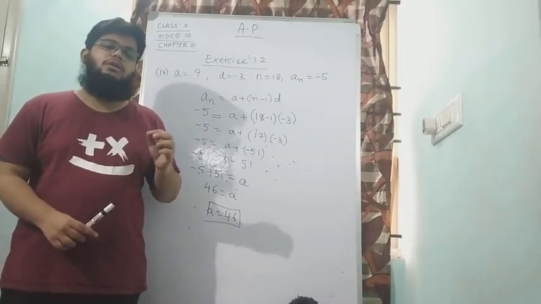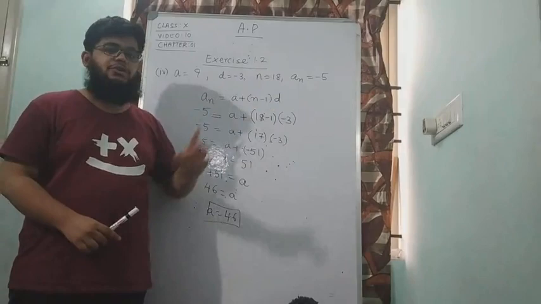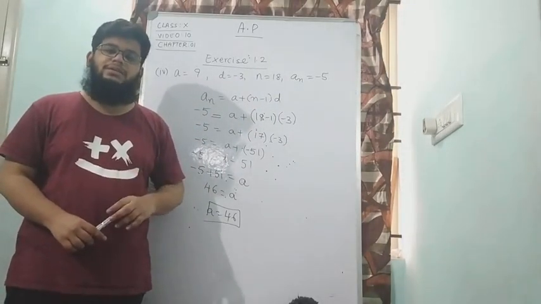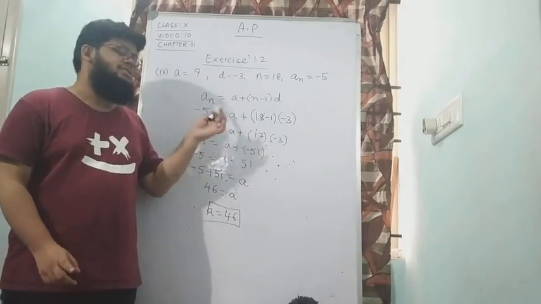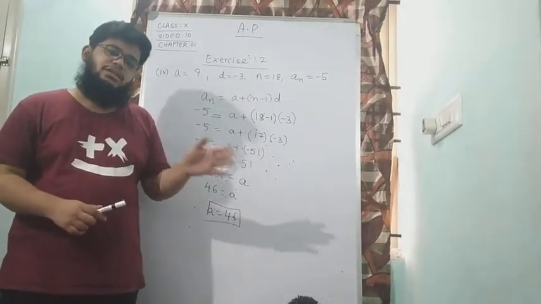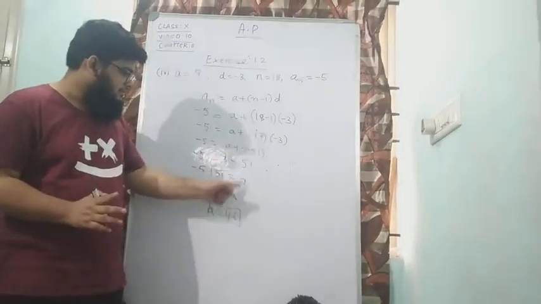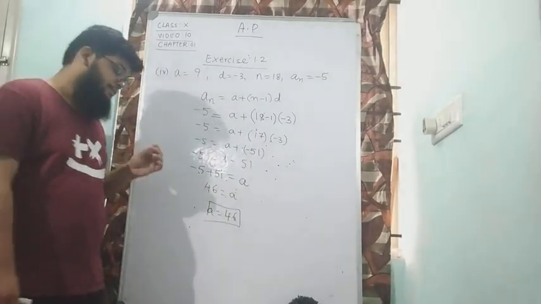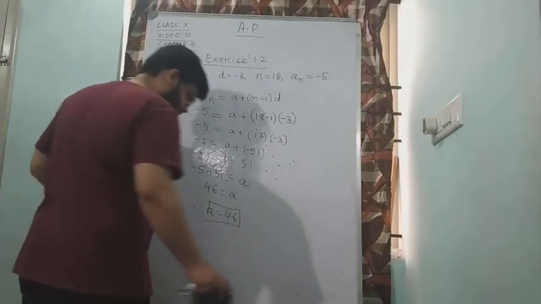Step number 2, substitute all the values that are given in the question. Whichever value is missing, keep that letter as it is. Example here, a was missing, so a is kept as it is. Later on, keep on shifting the terms onto the other side, just leaving the term that you are supposed to find out. So once you have understood this problem, let us move on to the next one.